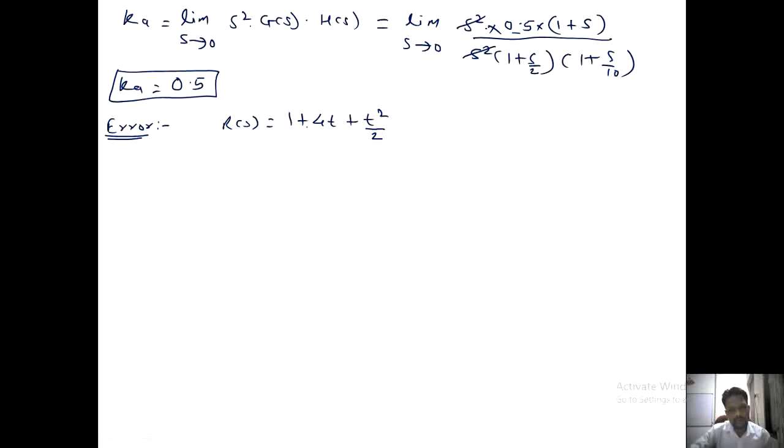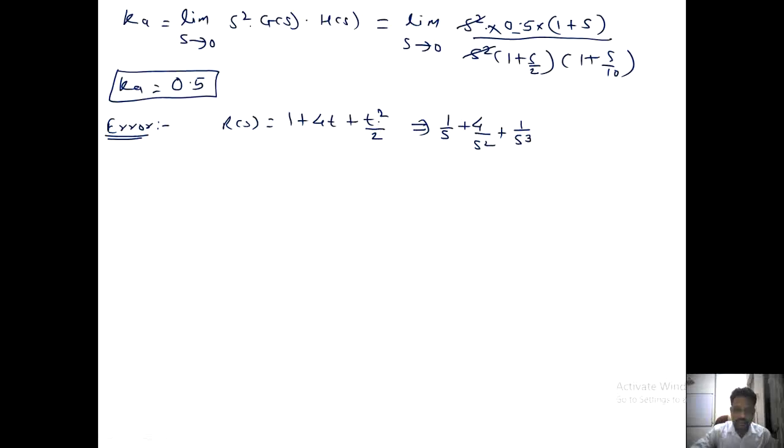In the time domain it is given like this, so convert the same input into Laplace form: 1 by s, plus 4t means ramp type input, which you can write as 4 by s square, plus t square by 2, that means parabolic type of input, so it will be 1 by s cube.